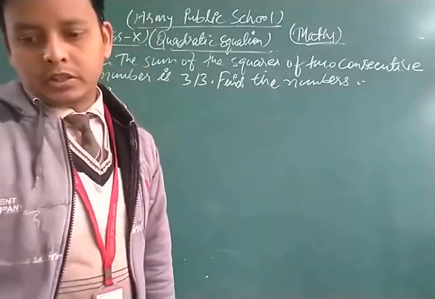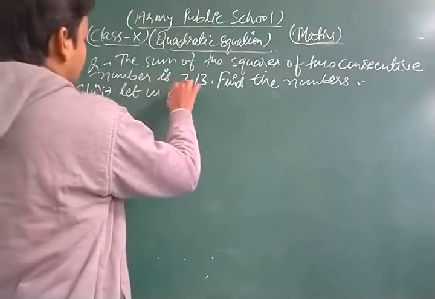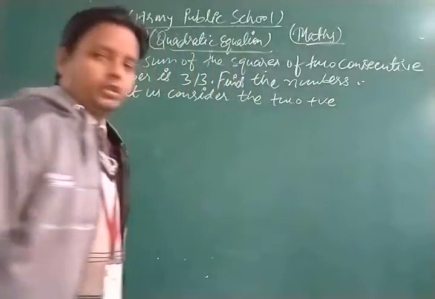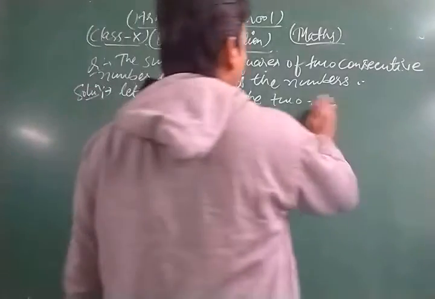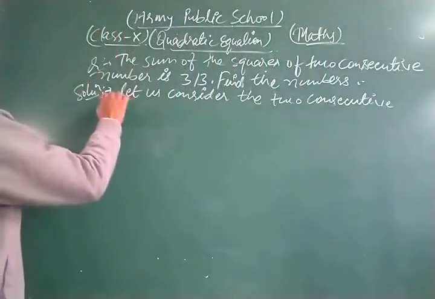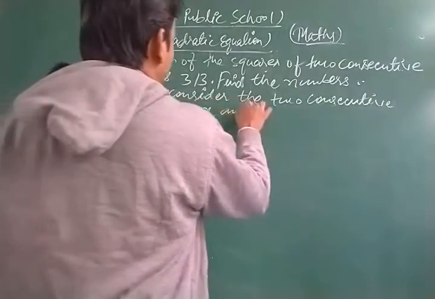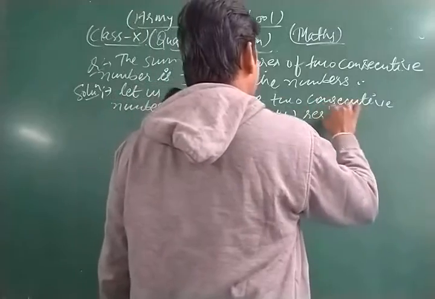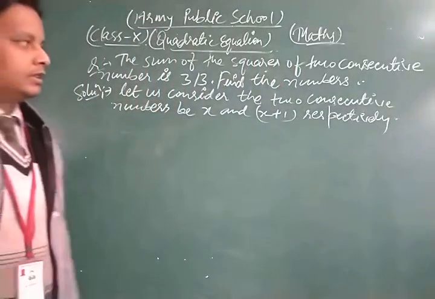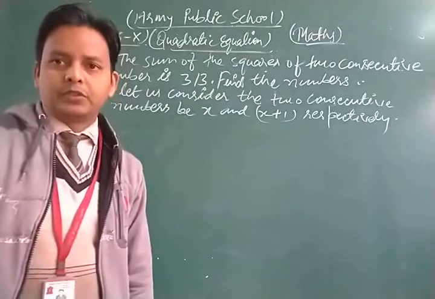So first of all, dear students, let us consider the two consecutive positive natural numbers to be x and x plus 1 respectively.